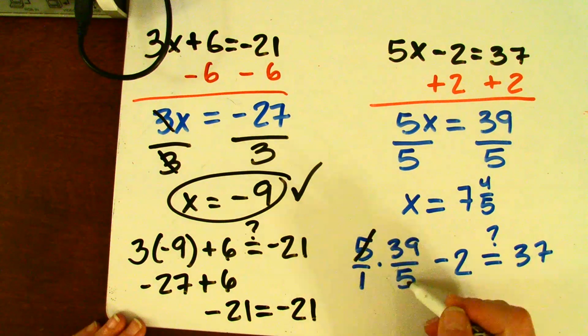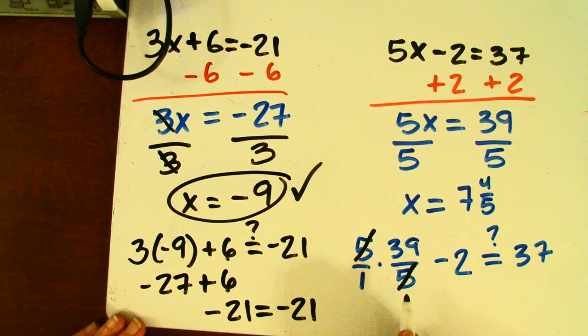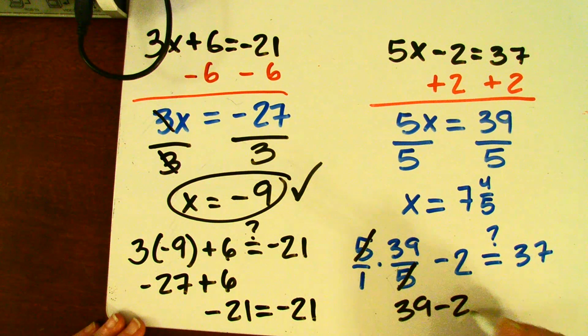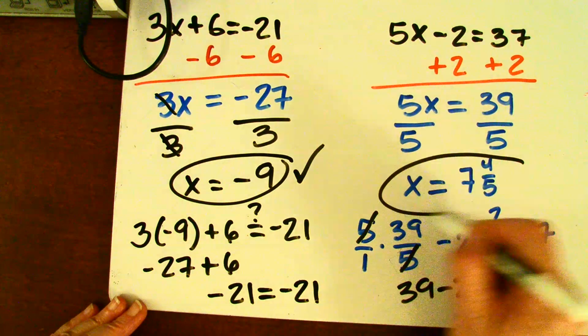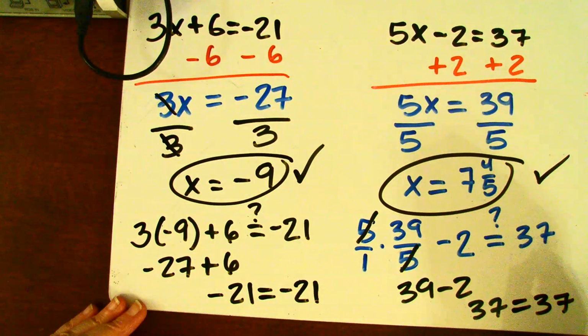These two are going to cancel, and I'm left with 39 minus 2. 39 minus 2 is 37. Because these two are the same, my solution is 7 and 4 fifths.